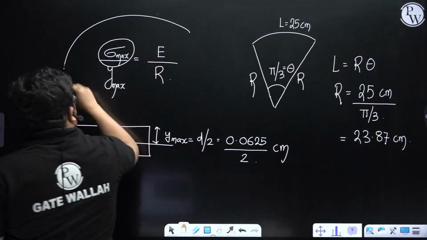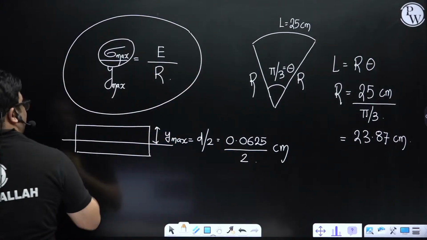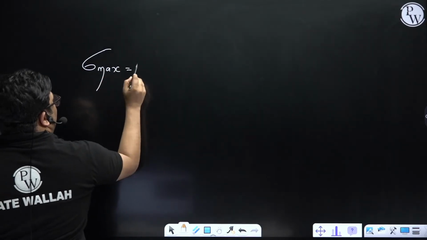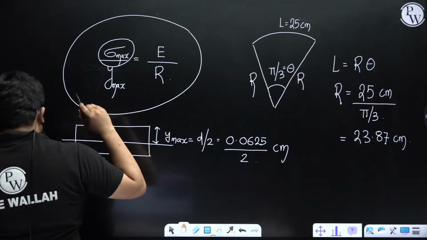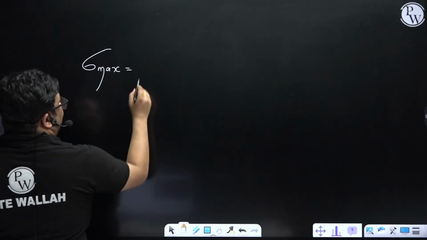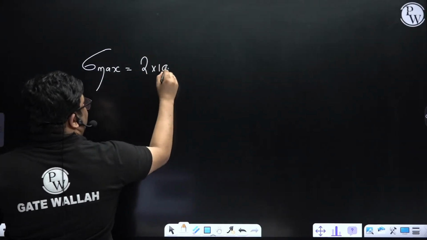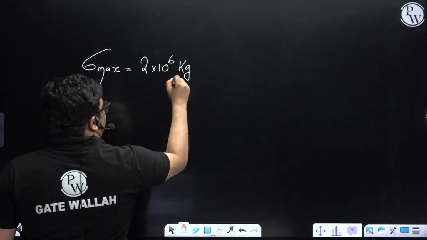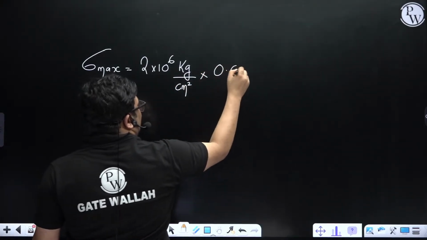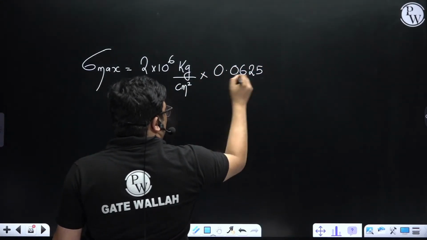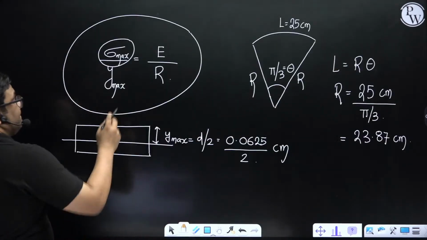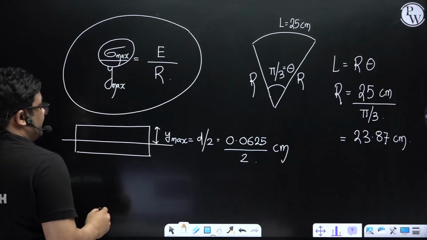I can use this equation now to find the maximum bending stress. Sigma max is equal to E, 2 into 10 power 6 kg per centimeter square, then y max we got is 0.0625 by 2, and then R will divide, so R is 23.87.